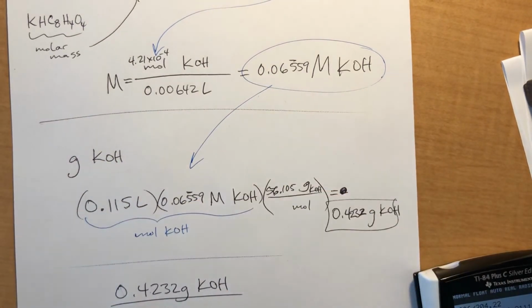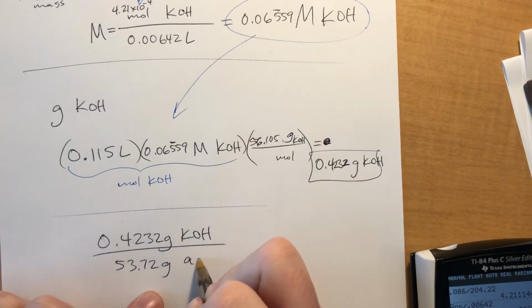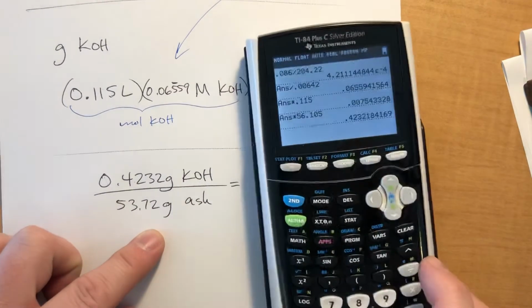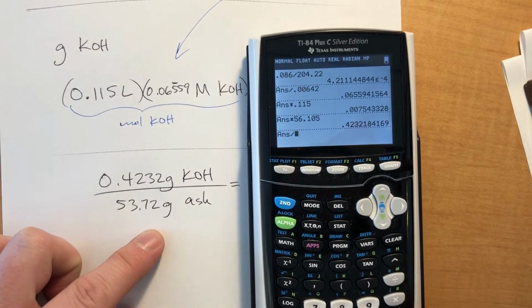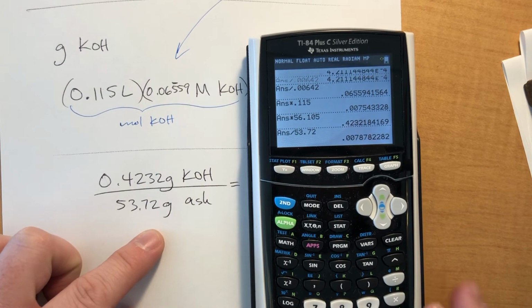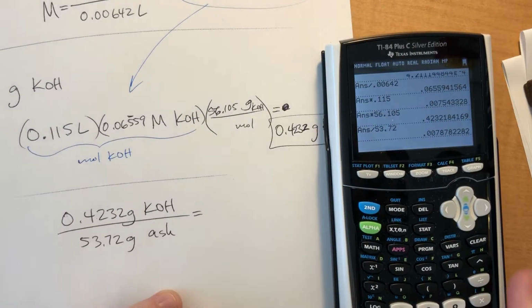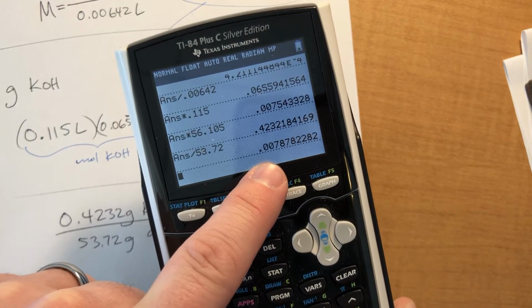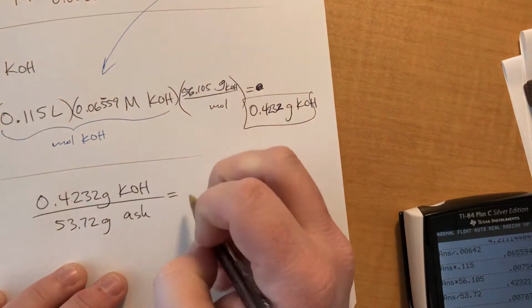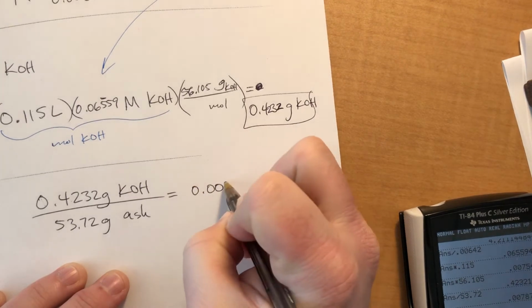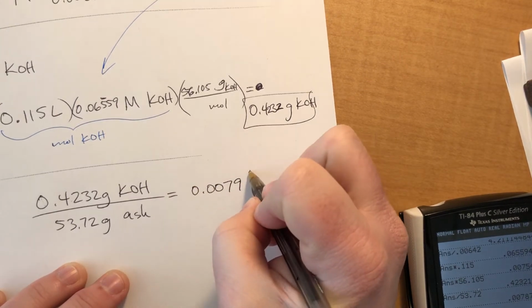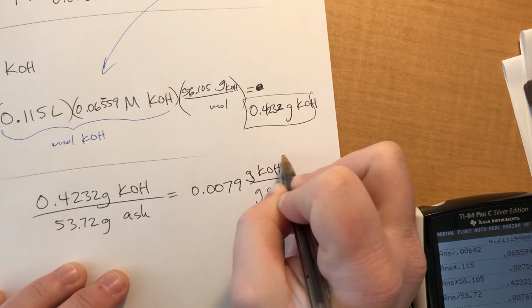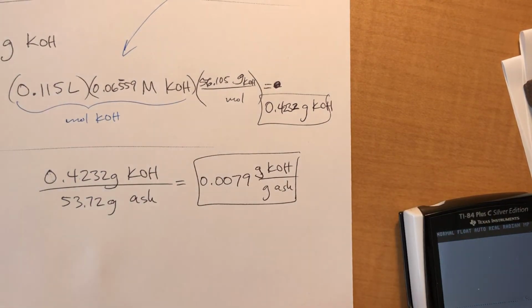It's going to be a very small number, and that's fine. What this means is that per gram of ash, there was only 0.0079 grams of KOH per gram of ash, which is a very small number, but that's okay.